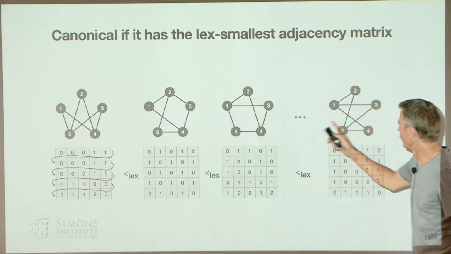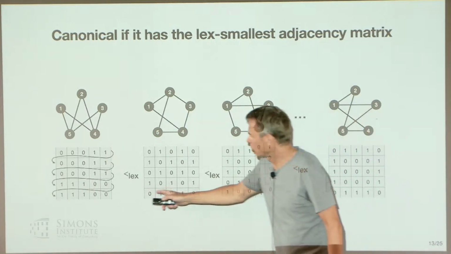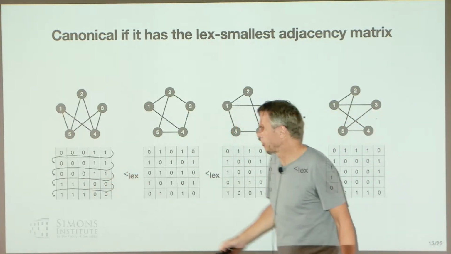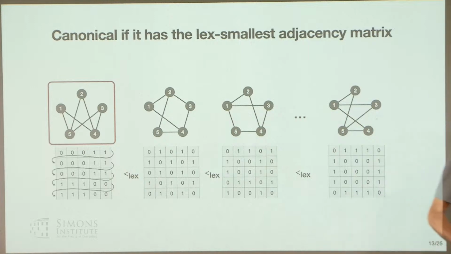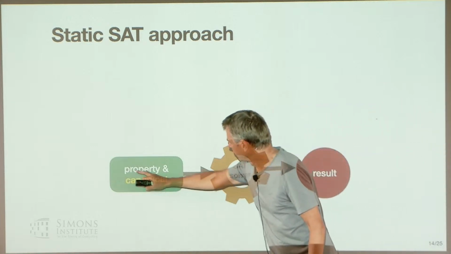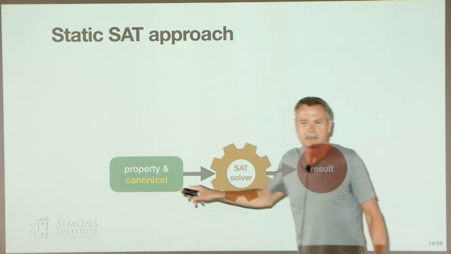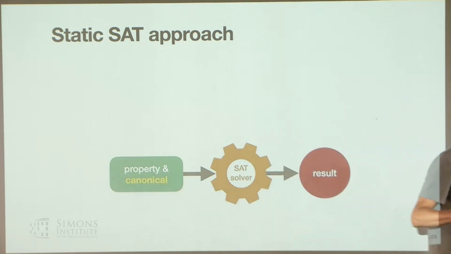Among all these 120 graphs, one of them will be lexicographically minimal, and you just say this is my canonical object. So easy. In our SAT encoding, we take the property we are looking for, and we also add canonicity: it should be minimal with respect to this lexicographical ordering.